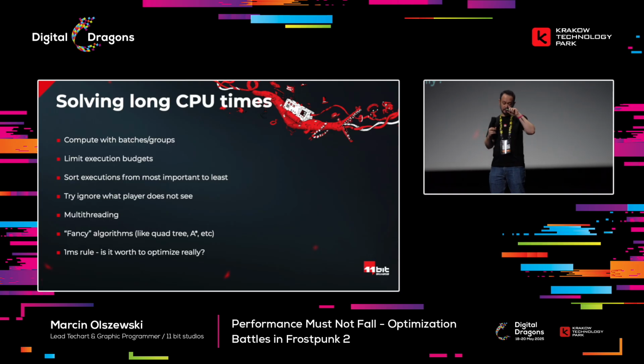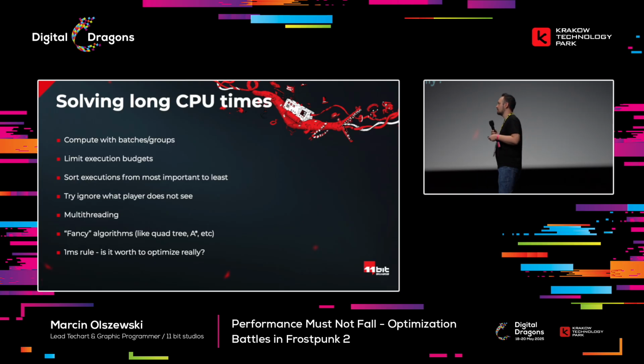Later I will tell you about multithreading, but the thing is that you can, for example, make it asynchronous, and in this way, if something doesn't fit into the time frame, you can put it later. Another thing is that you can sort executions from most important to less important.